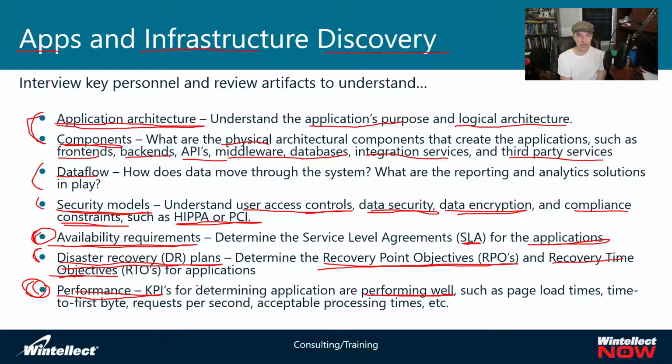And so some of these things can be like requests per second. How many requests per second can I manage? Or time to first byte is an important one for something like websites. How quickly is my site loading? How long does it take for a given request to operate? That is, how long does it take for a given request to go to a given endpoint, get data back, and return that back to a client? And these kinds of KPIs are going to be used to determine what my application should perform like and what I should expect it to perform like.